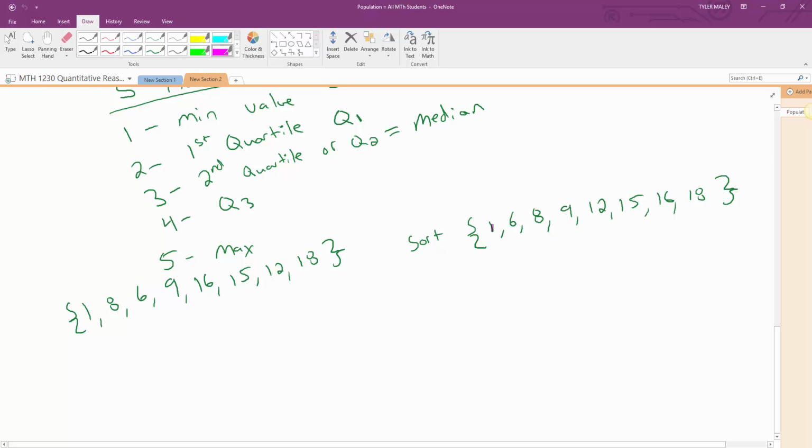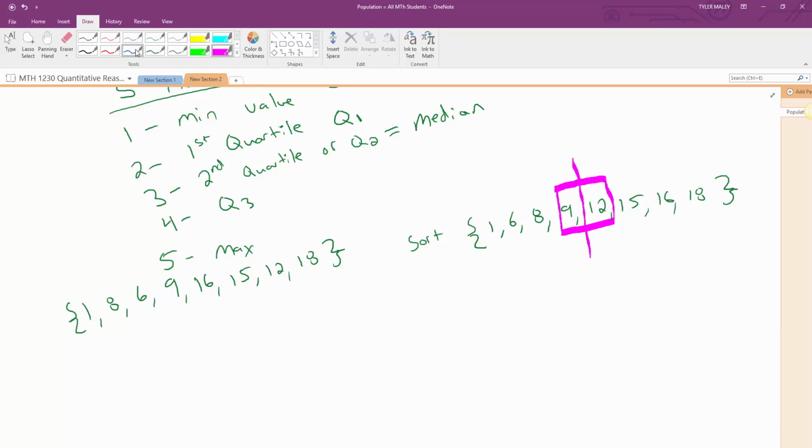So if we try to find the middle, there's 4 numbers here and 4 numbers here. So actually, both of these values are in the middle, so I need to find the number exactly in the middle between 9 and 12 in order to find the median.